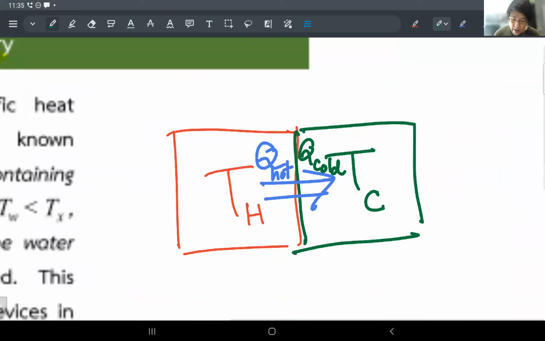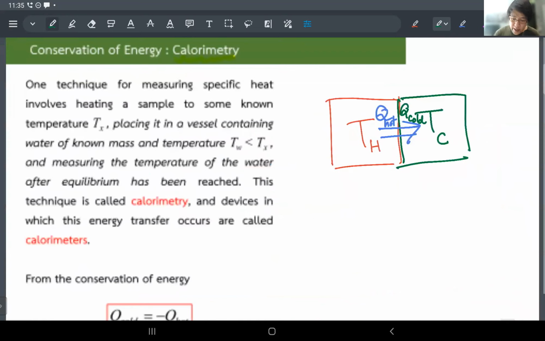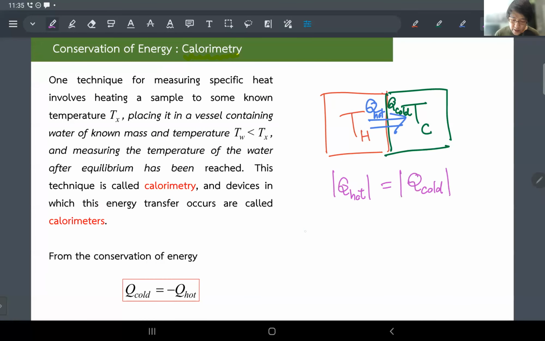If you have an object and you throw some heat into it, we say that is a positive heat flow, so heat flows into your system. That is a positive sign. On the other hand, if you take heat out from your system, that is going to have a negative sign. Okay, you guys with me?